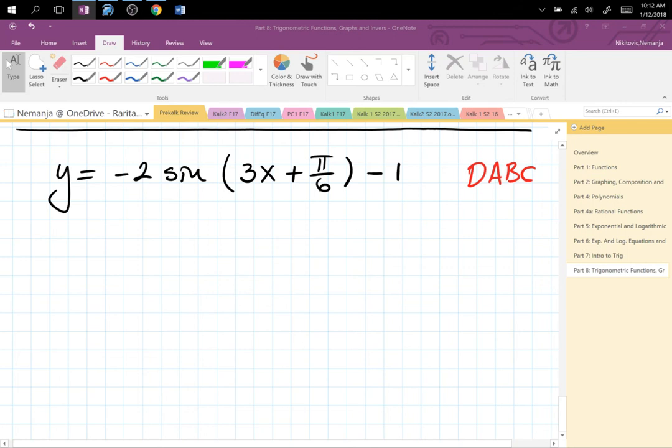Set the parenthesis equal to 0 for the start point, which is your left blue. You know the period formula, you can calculate the period. The start point plus that period is going to give you the other blue. And you have your box. And then you fit the function inside the box. Make sure you flip it because it's negative.